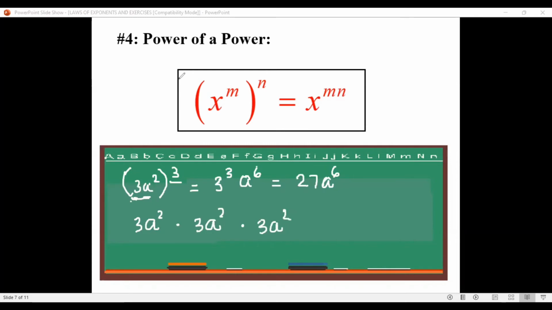That's the reason why you have 3 times 3 times 3. This is basically the 3 cubed, which results to 27. And then your a raised to the second power, and then again raised to the third power, that is a squared, and another a squared, and another a squared, which is now equal to a raised to 6. So again, our answer is 27a raised to 6. That is power of a power.